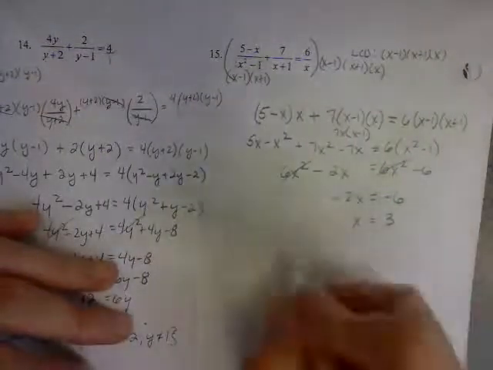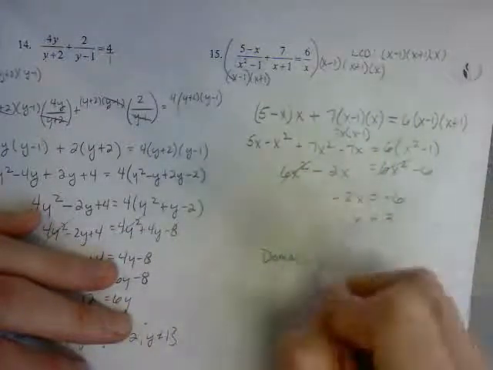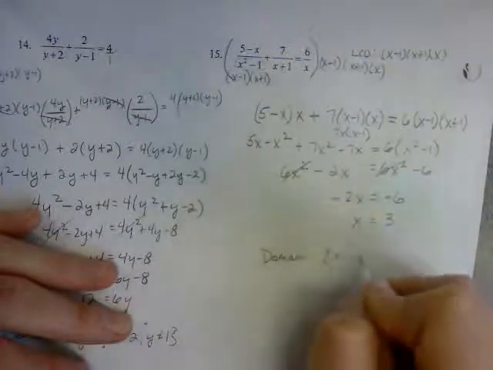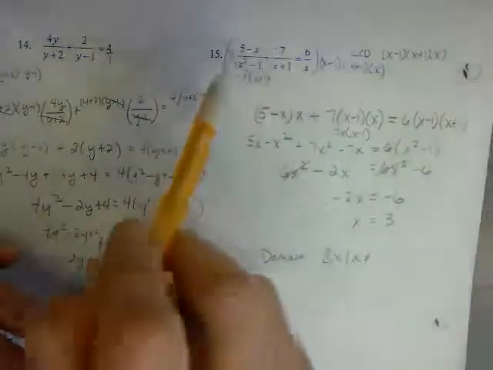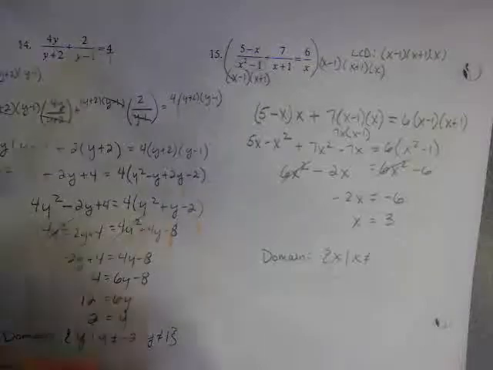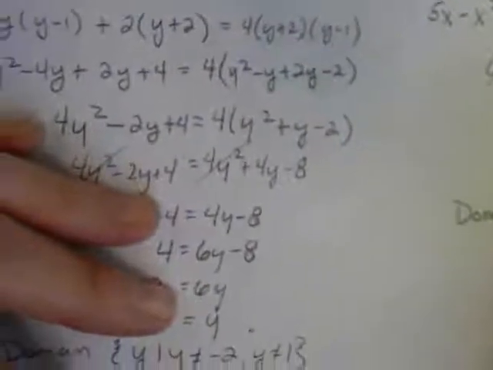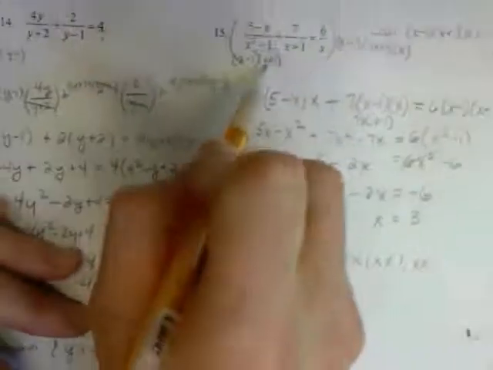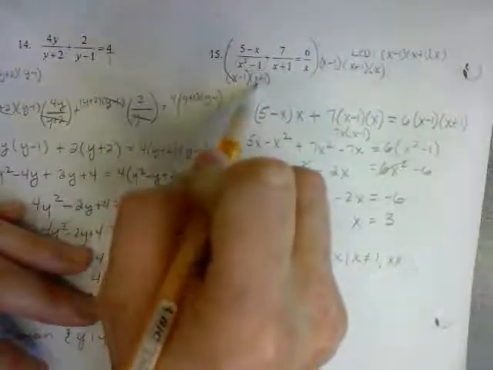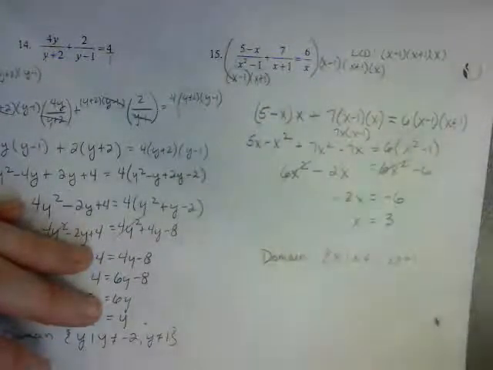I need a domain, so my domain will be x such that x cannot equal, and then we need to go to the denominators and see what makes these 0. So in this part of the denominator, 1 makes this 0, so x can't equal 1. In this denominator, x plus 1, a negative 1 would make that 0, so x cannot equal negative 1.